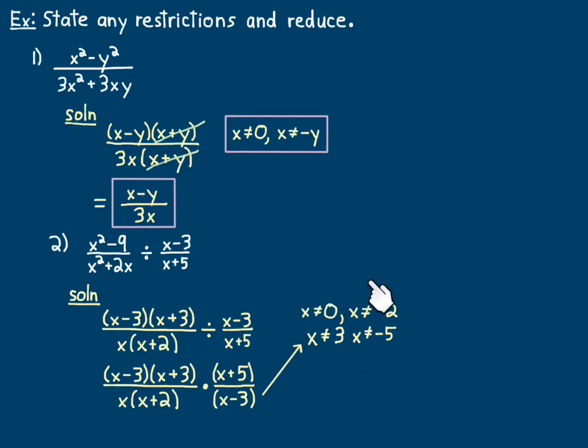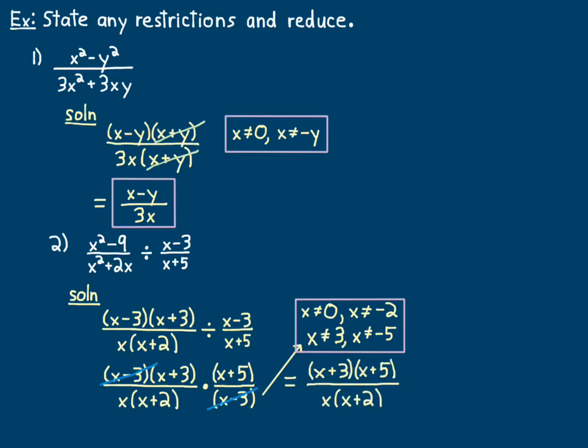So I have these 4 restrictions, and then I reduce, and the only thing that reduces is the factor x minus 3 over x minus 3. Then just write it out without those factors, so it's nice and clean. You get x plus 3 times x plus 5 over x times x plus 2. And that's that.